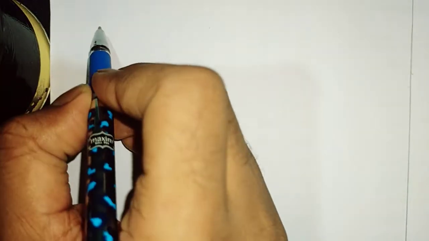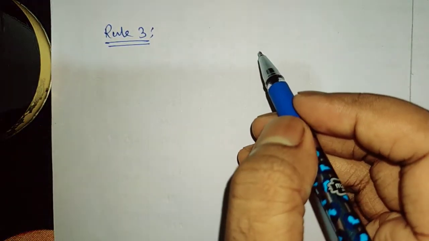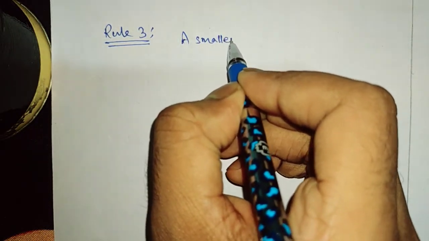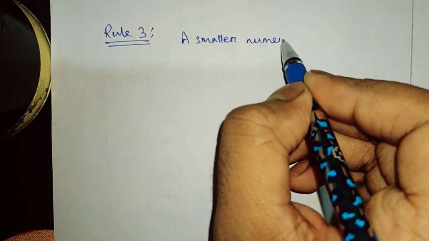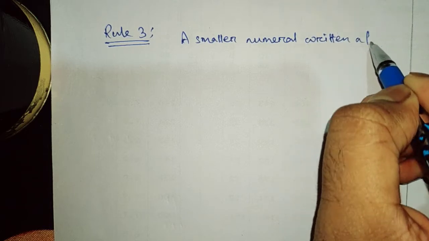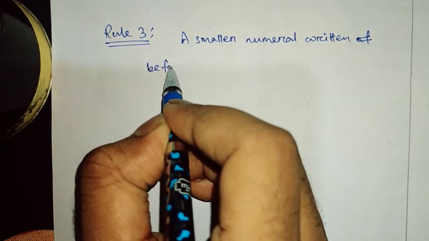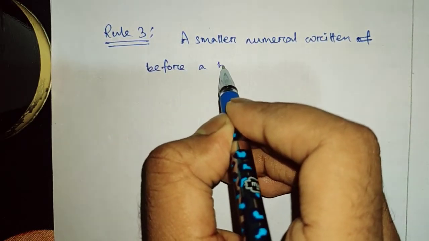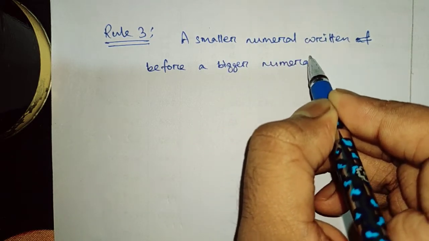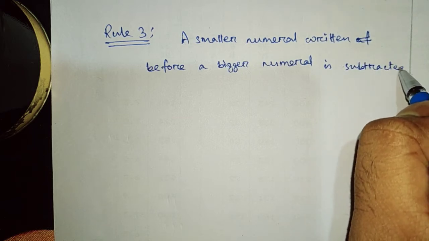Rule number 3. Rule number 3 says that a smaller numeral written before a bigger numeral is subtracted.